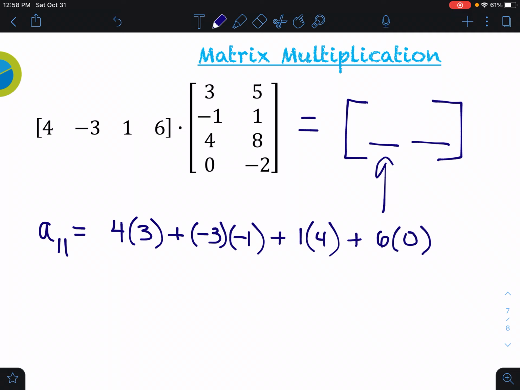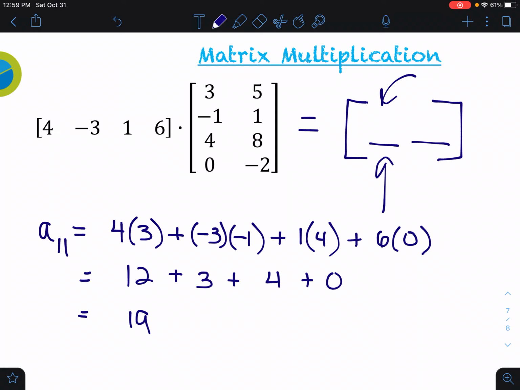Okay, so now whatever that is goes into this spot right here. Okay, so let's figure out what that is. Actually, maybe I'll do that underneath here. This is 12 plus 3 plus 4 plus 0. Okay, so that's 15 plus 4 is 19.